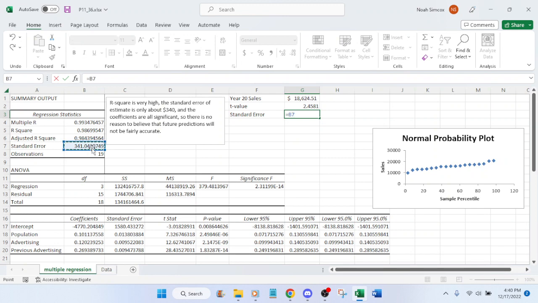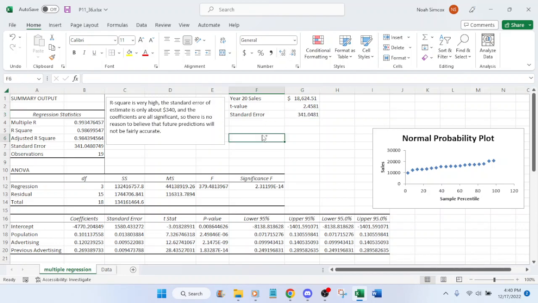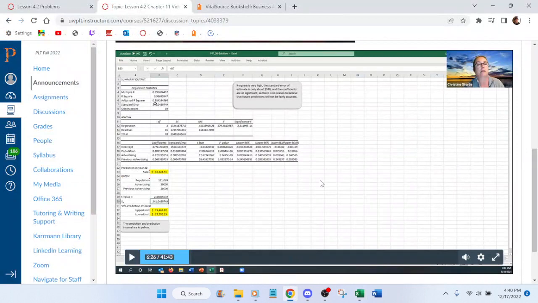Equals this. And then we are going to do the standard error, SE, up here in my output, right?